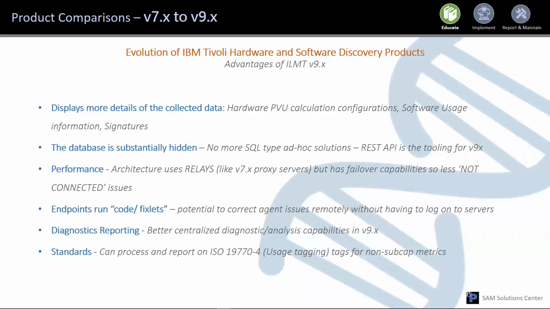How did ILMT discover it? We now show or reveal the install path and the signature for every piece of discovered software. That would then afford you the opportunity to go back and clean up those incomplete software removals or those false discoveries. Performance with the relays, far better in version 9.